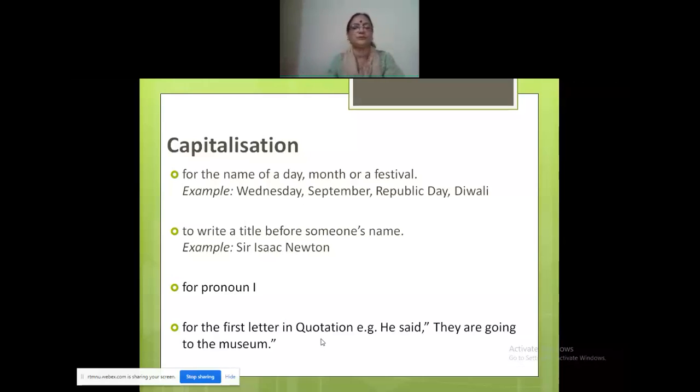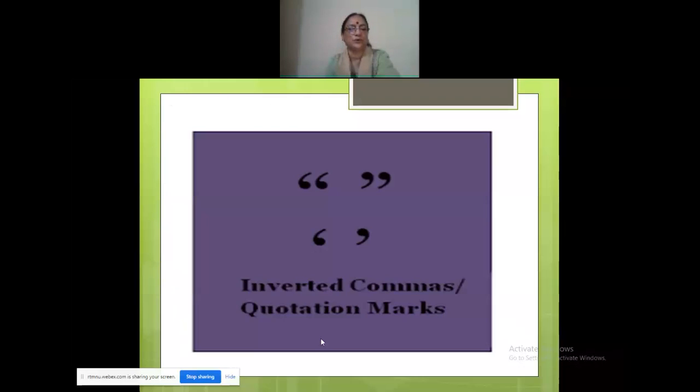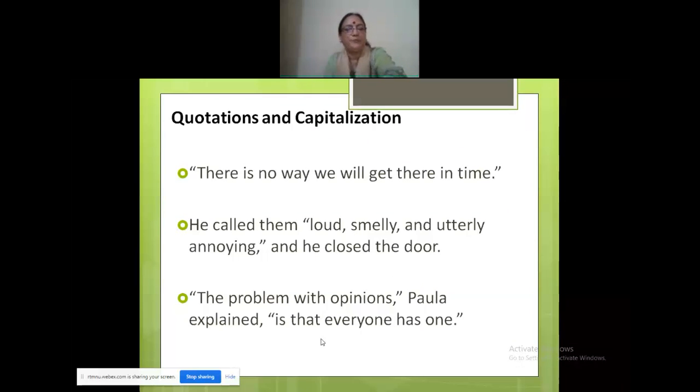Now going to the museum is not the first letter, so if you put going to the museum in inverted commas, it may not be capitalized. He said they are, he said going to the museum. Now they will be capital, going will not be capital. So this is a rule. First letter is always capitalized, but a phrase from the quotation need not be capitalized. If the same quotation is broken into two parts, then the second part may not be capitalized.